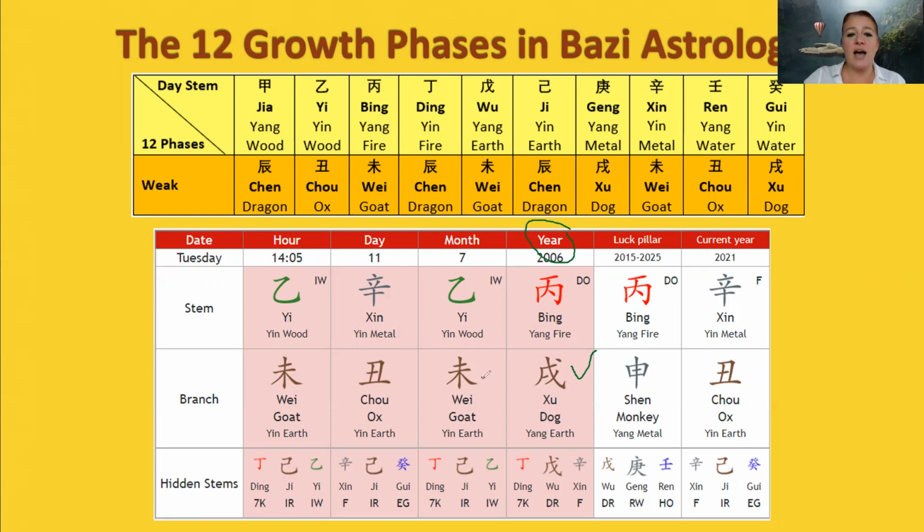Now, in case you have this in the month, if it's in the month pillar, then you probably have a lot of ups and downs. The first part of your life will be very, very smooth. And after that, it may get a little bit tougher because you may become a little bit too trusting. The fact that you had a fairly smooth first half of your life will make you too trusting.